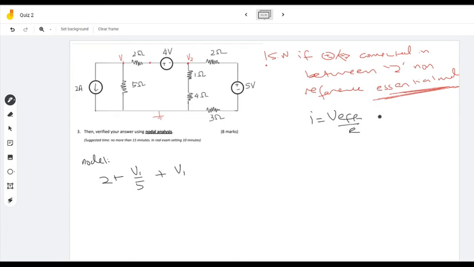What is V effective? You always subtract, so it's always V1 minus something at node 1. You see the positive sign first, so it's V1 minus 0 over 5. In this case, it's V1 minus something: here you see the positive sign first, then minus V2 over what resistor? Over 2, equal to 0.